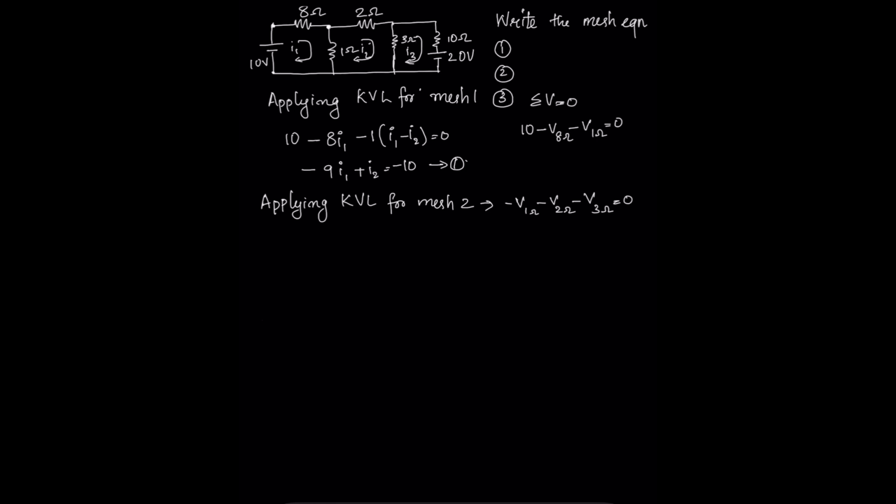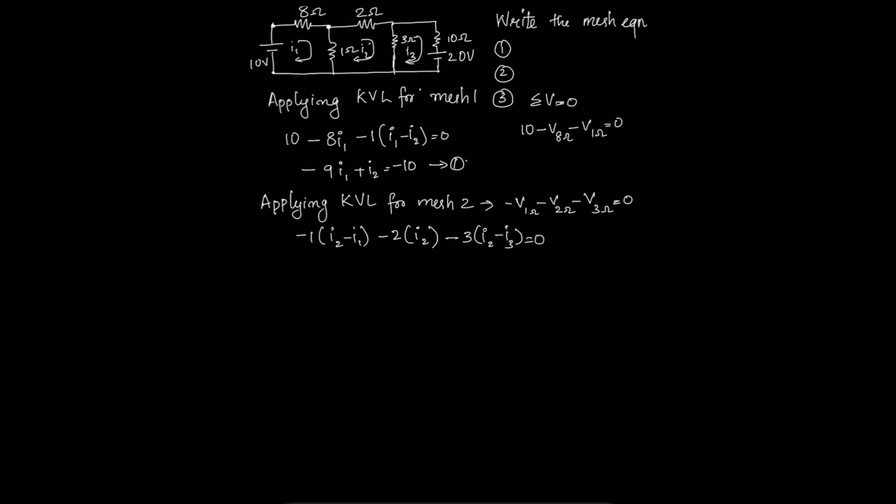What we can write: minus 1 into I2 minus I1, minus 2 into I2, minus 3 into I2 minus I3 is equal to 0.